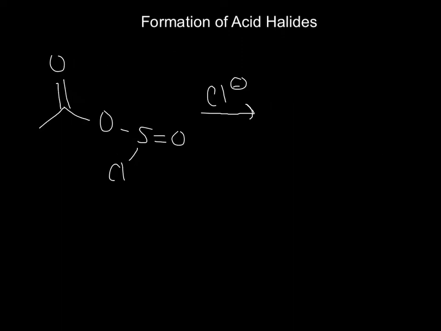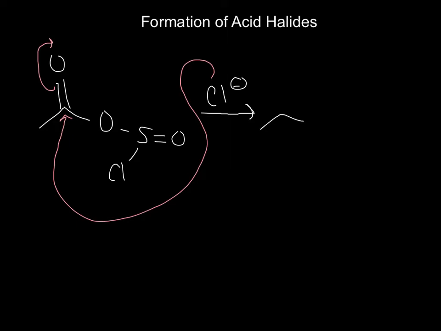Again, we have to ask ourselves who wants electrons and who has them. In this case, this chlorine wants electrons, and this oxygen has them, pushing that bond off onto oxygen and forming a new bond to chlorine, giving the oxygen a negative charge.